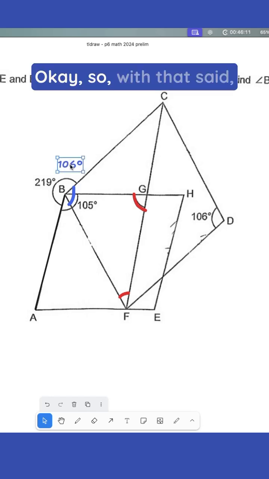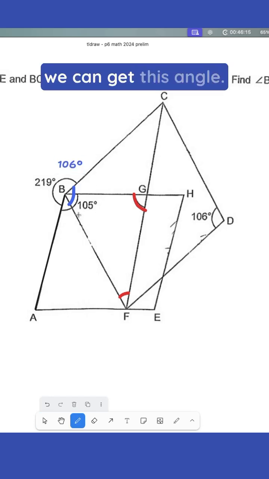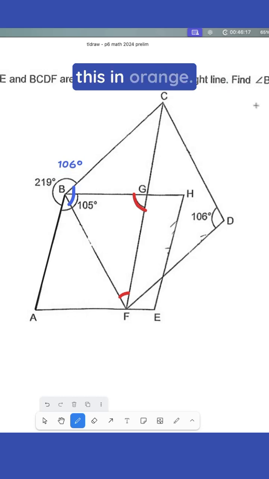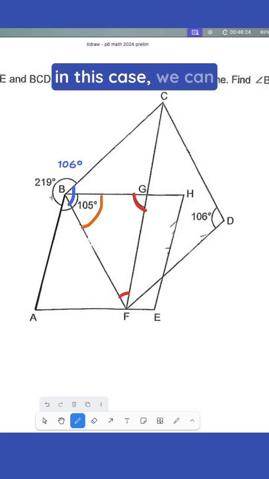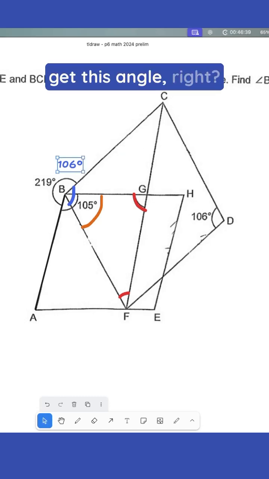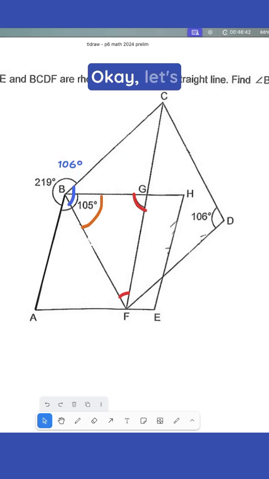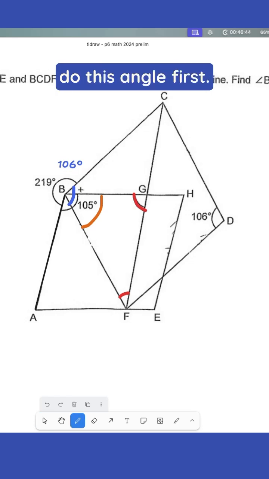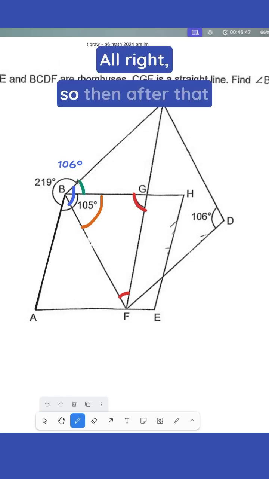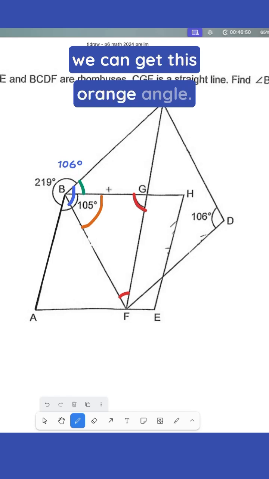With that said, we can get this angle. I'm going to put this in orange. Let's do this angle first, and after that we can get this orange angle.